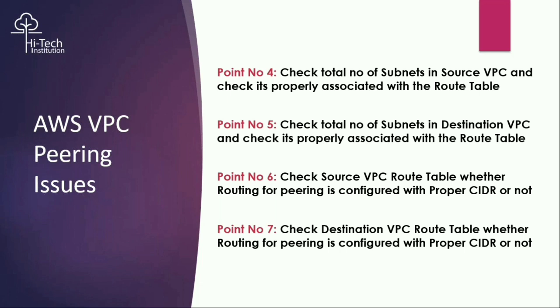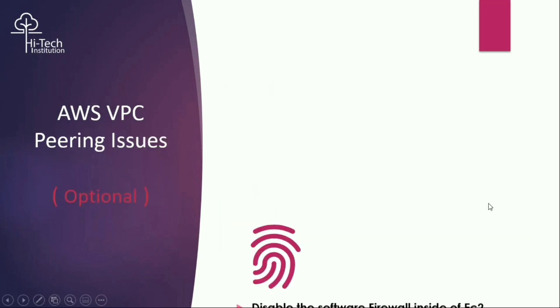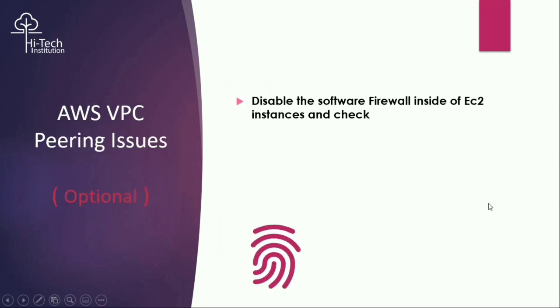The VPC peering can be in the same region, in a different region, or in different accounts. Whatever it is, these 7 points will help you out. The same 7 points are applicable for all these 3 types of VPC peering: within the region in the same account, different region, or different account. All right, and this is an optional step. If you want, you can try it out.